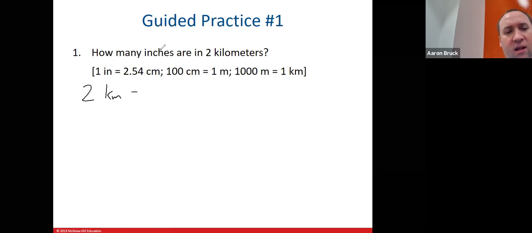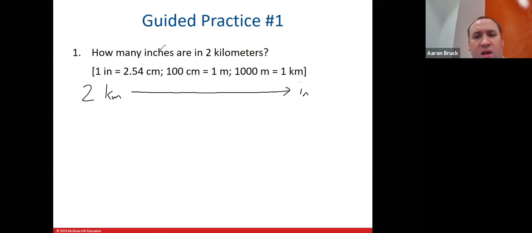In the end, I'm going to try to convert that into inches. Now I know that there is no direct link between kilometers and inches. Luckily, as you can see in the space here, we've been given some information.